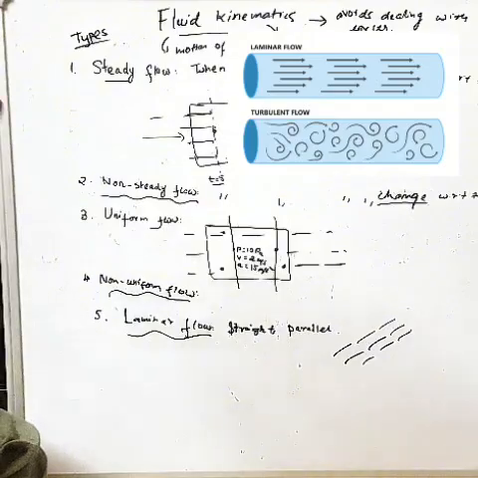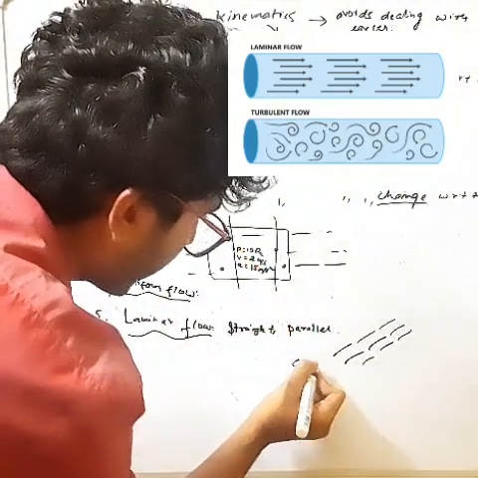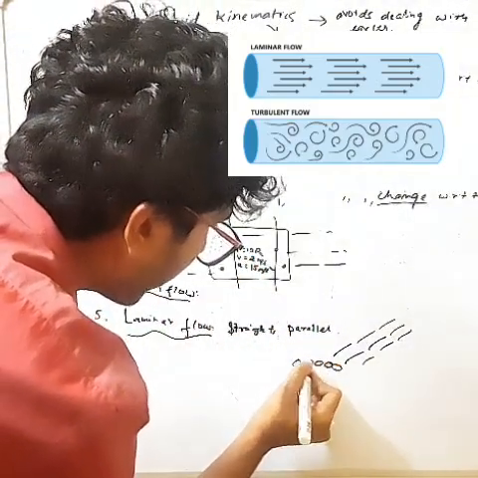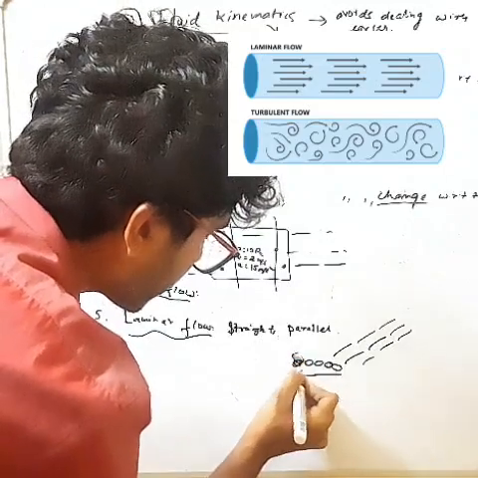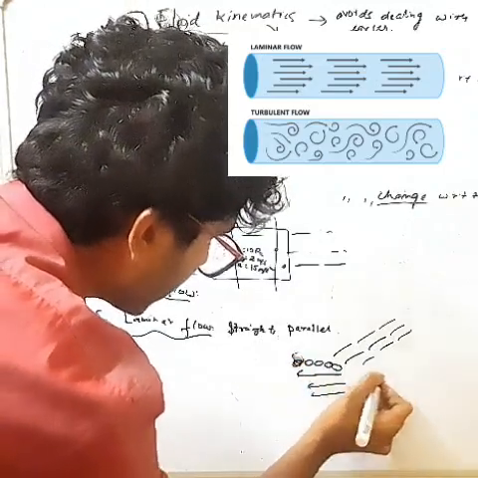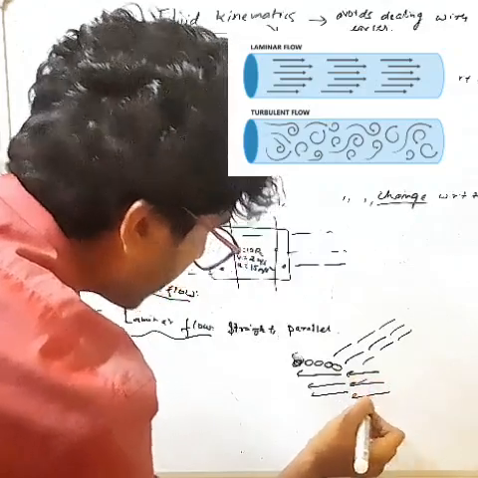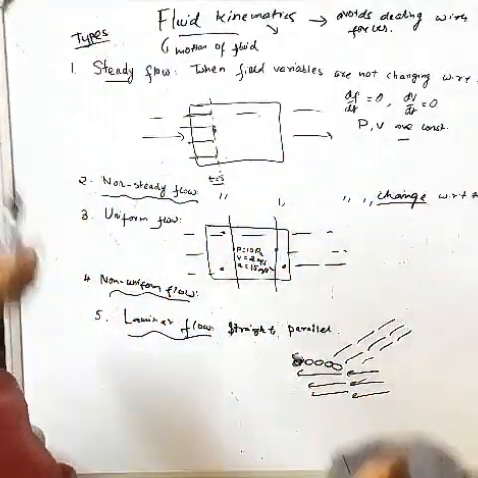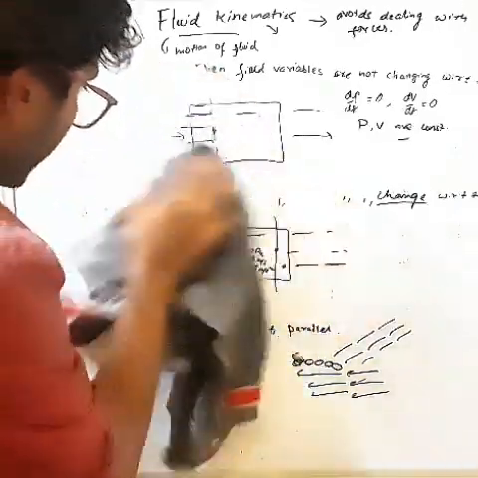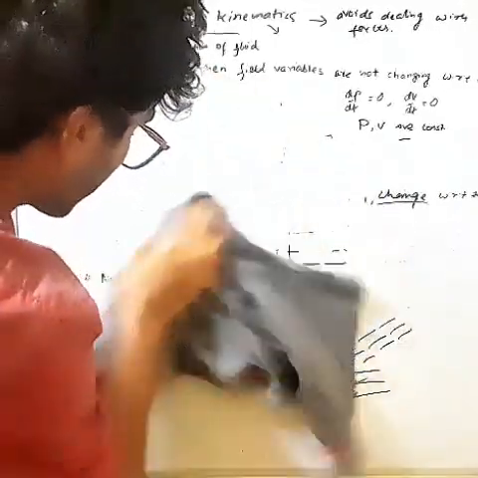They flow like this, line by line, in a good manner, and they don't overlap on each other. Okay, enough talking about laminar flow. We have some other flows too.